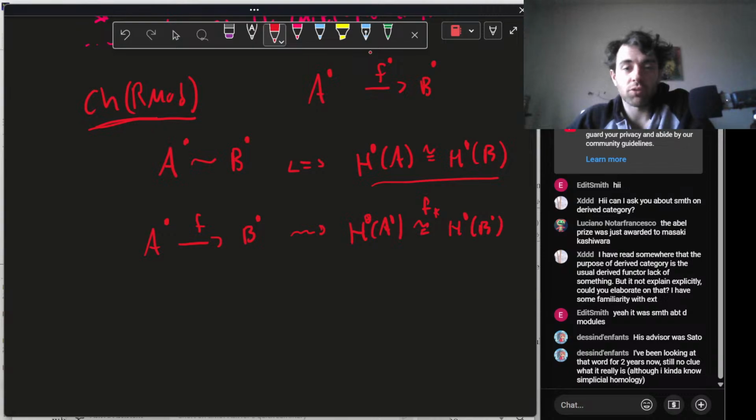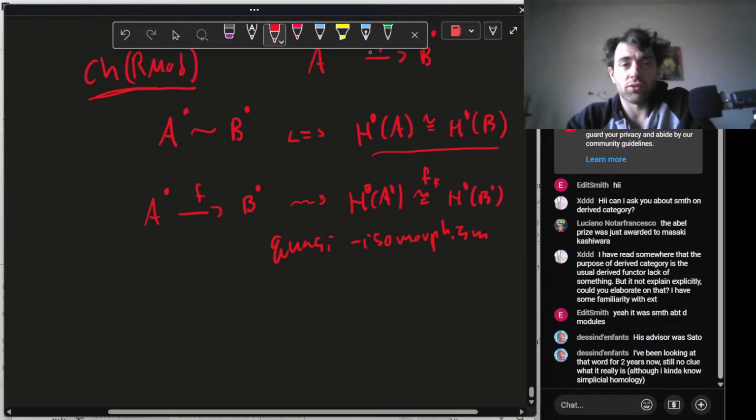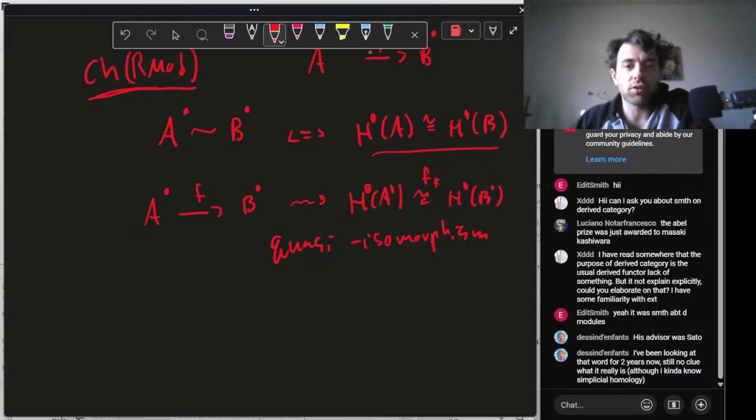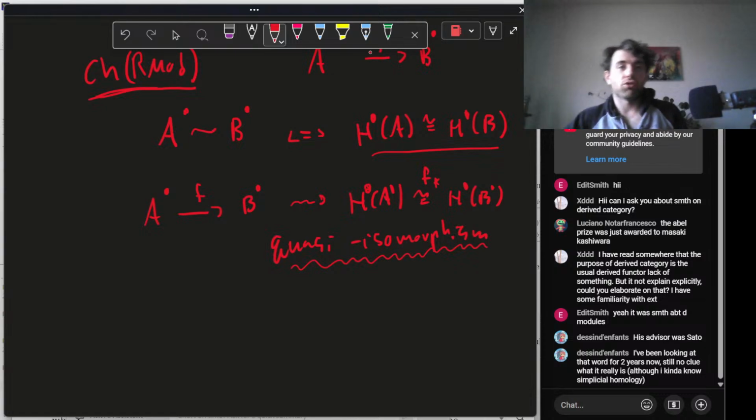That's what we call a quasi-isomorphism of chain complexes. There are various different formulations, various different ways to make this rigorous, but the derived category basically takes quasi-isomorphisms and just formally makes them have an inverse.